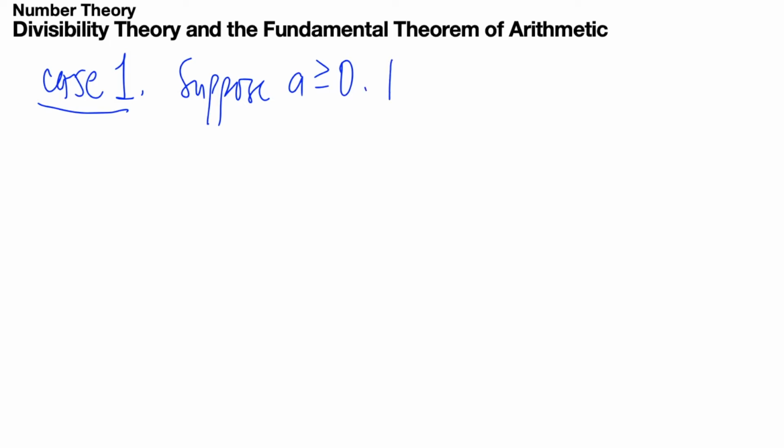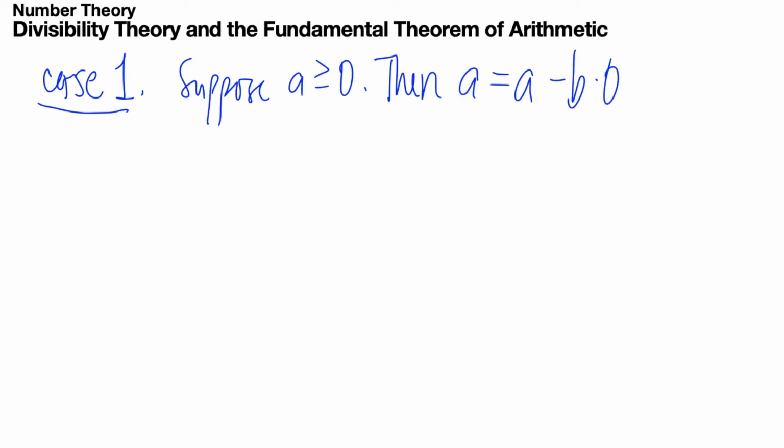So for case one, let me fix my handwriting there. Case one. So suppose that A, so we will be looking at A, the dividend. Suppose A is at least 0. Then we can say that A equals A minus B times 0.